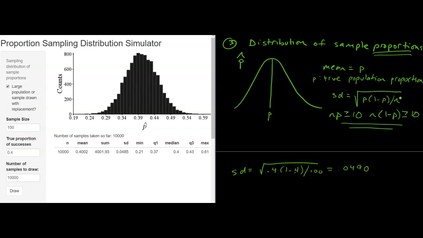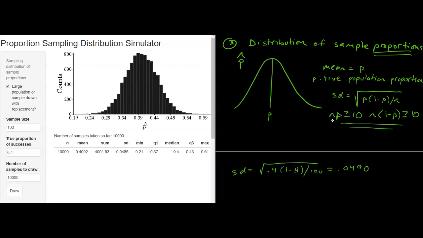Now, we can also take a look at our assumptions, and typically you want to check your assumptions before you start working with the distribution of sample proportions and treating it as normal. But as you can see here in this picture, it definitely appears that we're working with a normal-like distribution of sample proportions. And so it's not going to be a surprise that our assumptions here check out.